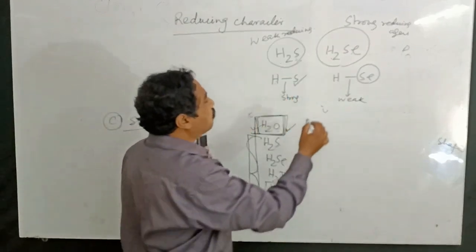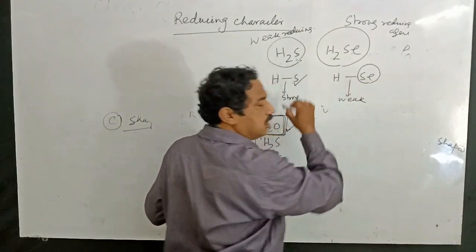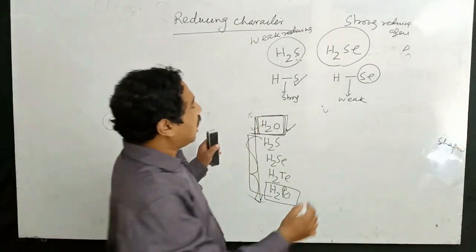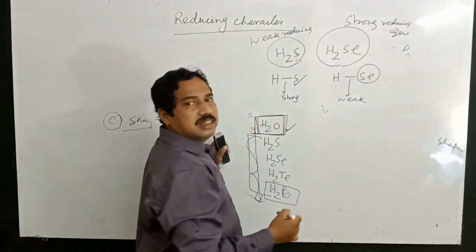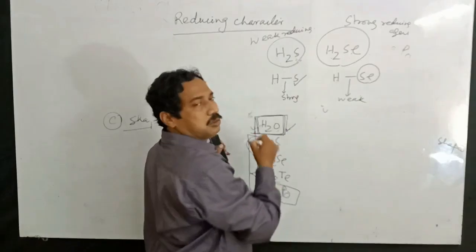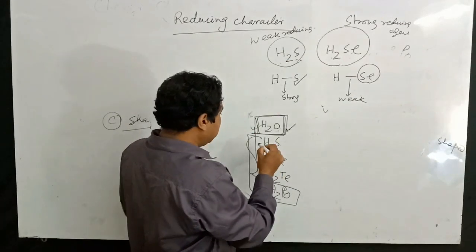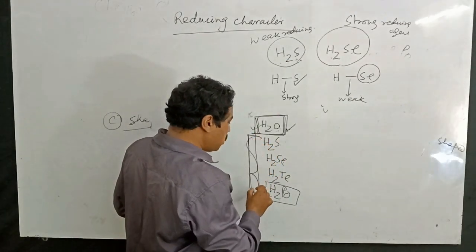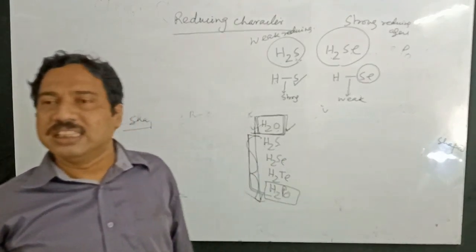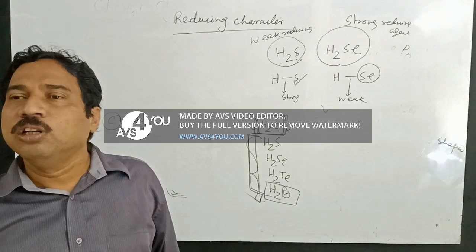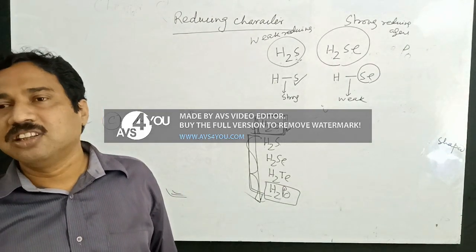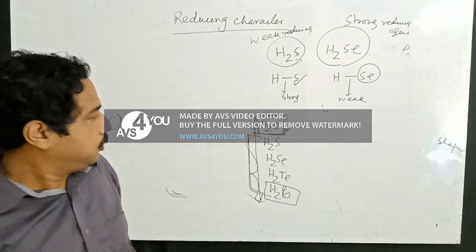So the bond between hydrogen and selenium can be easily broken and supply hydrogen easily. So it is a strong reducing agent as compared to H2S. That means if you go from H2S to H2Po, the reducing character gradually increases, which is due to the decrease in bond strength between the hydrogen and the central atom.